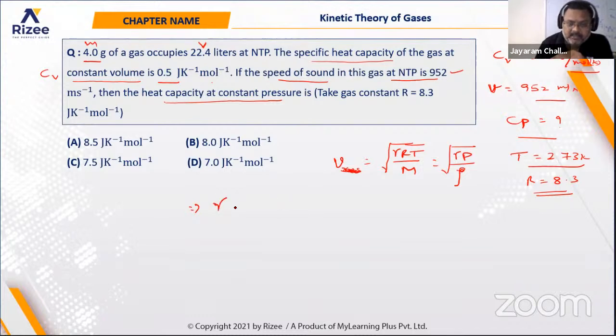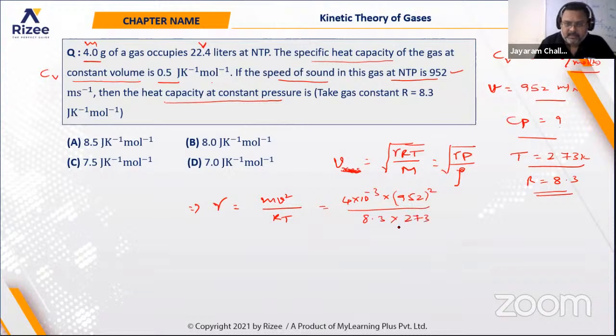Then gamma can be written as m into v square by RT. Substitute every value here: 4 grams is 4 into 10 to the power of minus 3, and velocity square is 952 whole square, divided by 8.3 into 273.